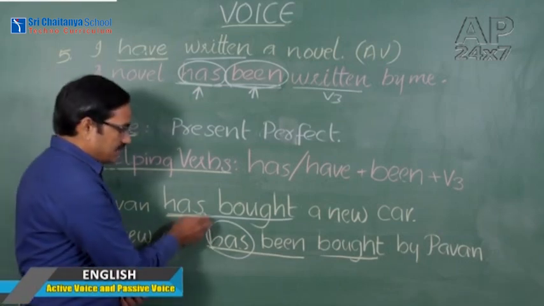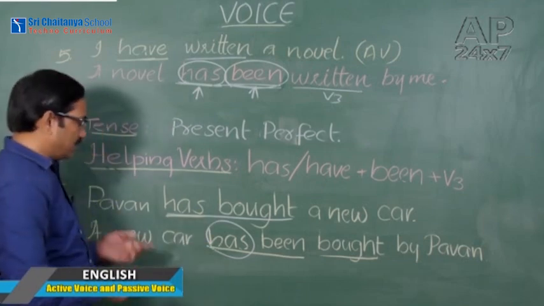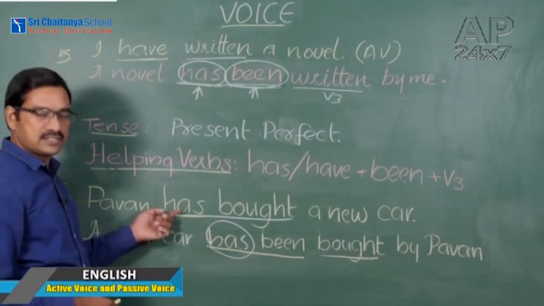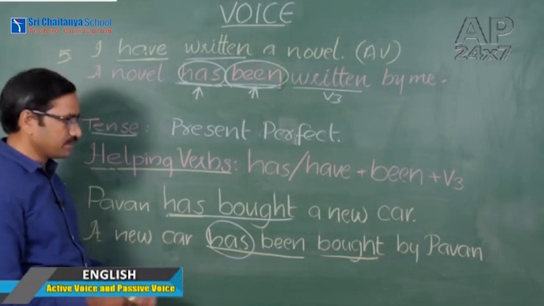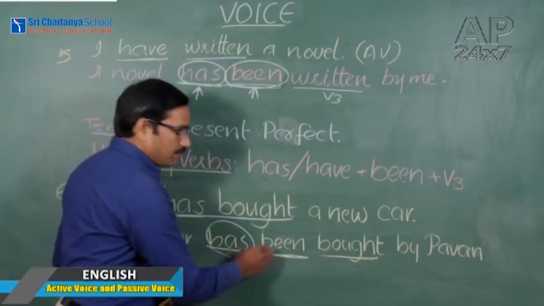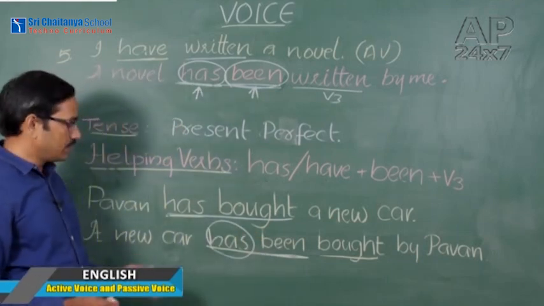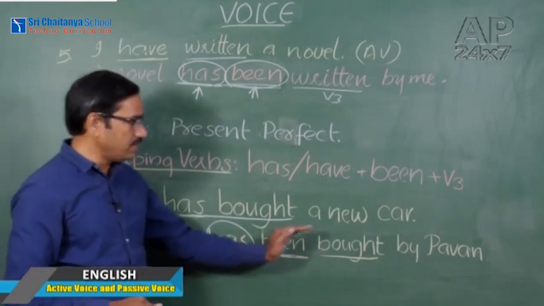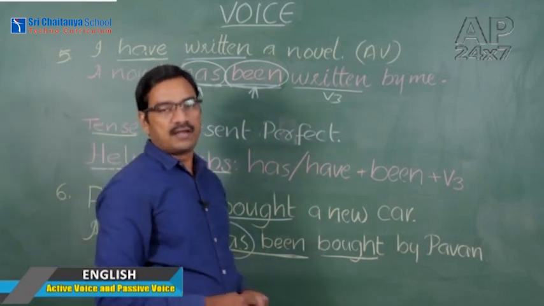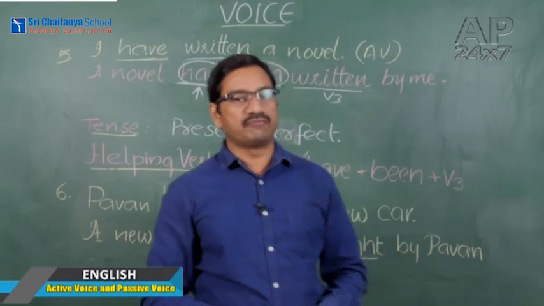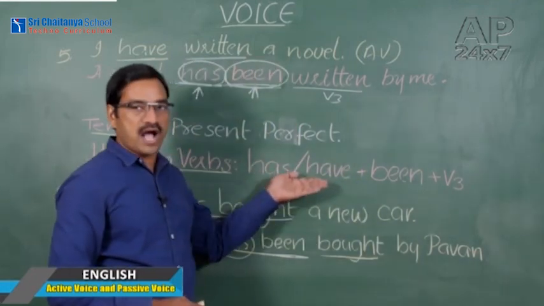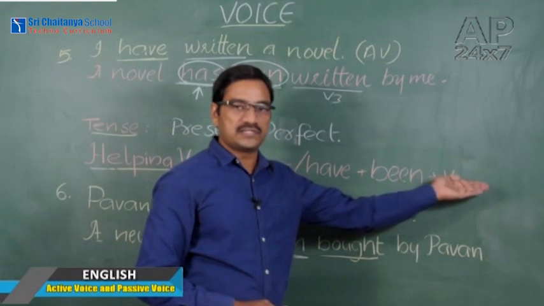Here Pavan is singular, so we have taken has, and here a new car is singular again, so we have taken has. Been is introduced because it is a passive voice. This is the way of changing present perfect into present perfect passive. Remember once again, has or have plus been plus V3.